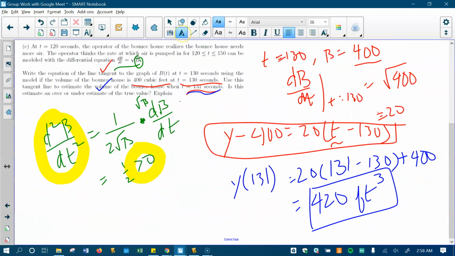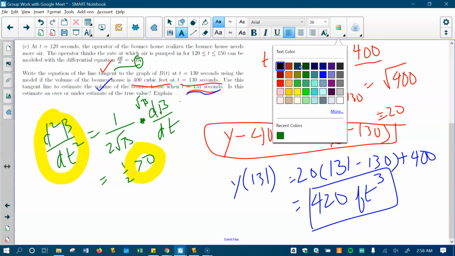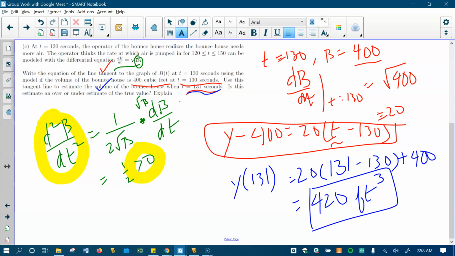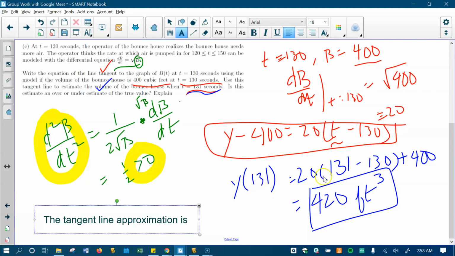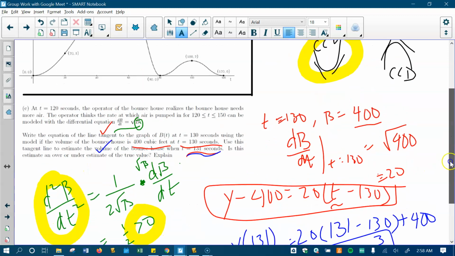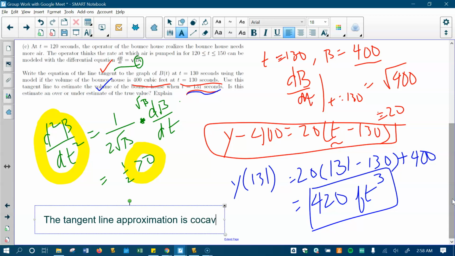So my answer, and I'll type this out here for the last part, is the tangent line approximation is, and again, we're concave up, so under approximation, underestimation.